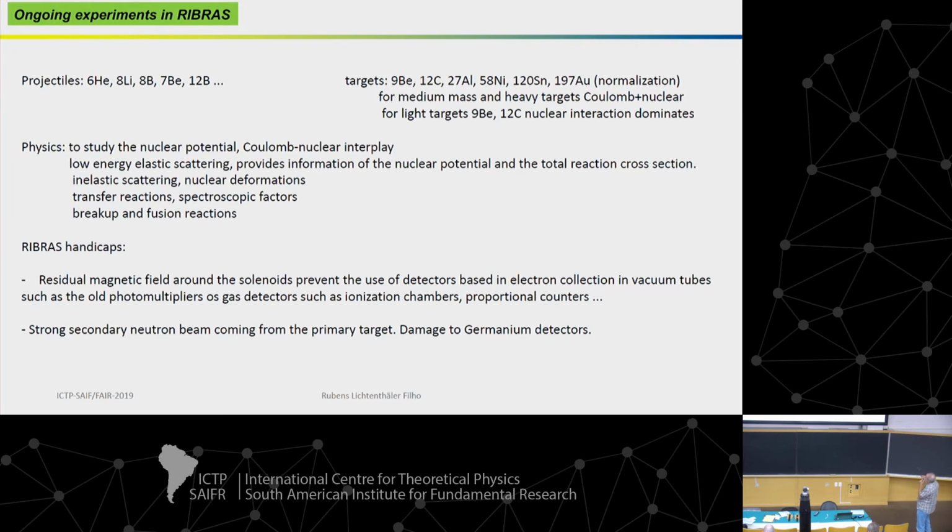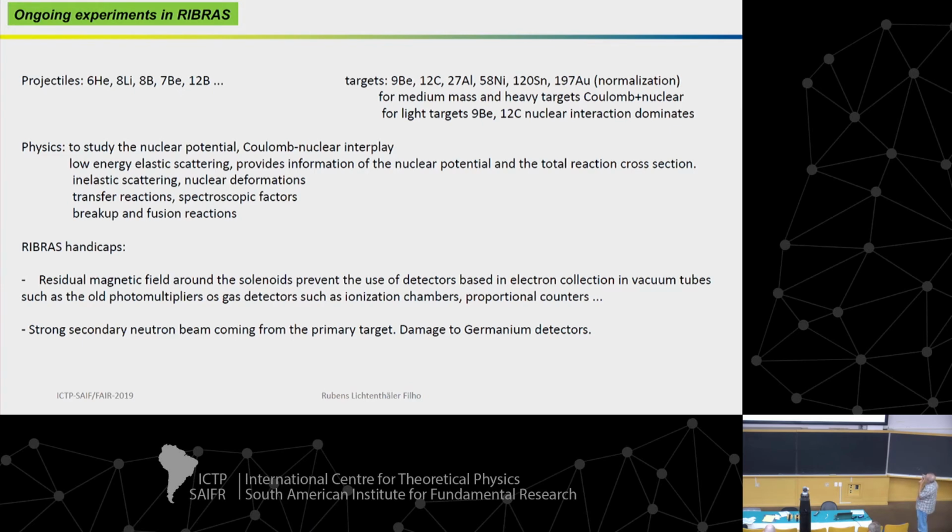And the targets, we have a list of 5 targets which are the most normal targets that we use. Beryllium-9, carbon-12, aluminum-27, nickel-58, tin-120, and a gold target that you use for normalization. And you see that you have light targets, medium mass targets, and heavy targets.